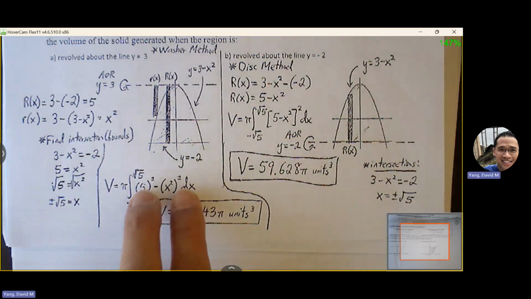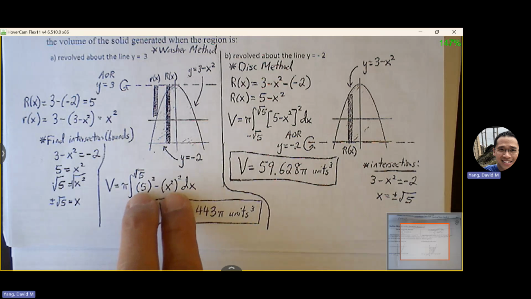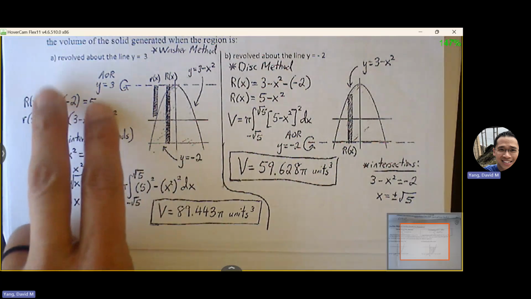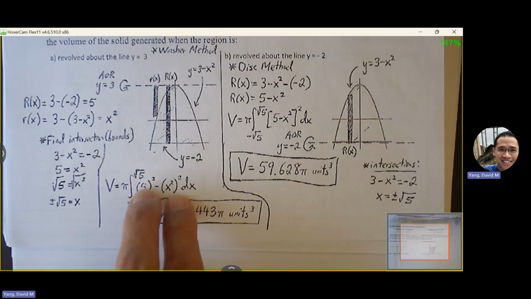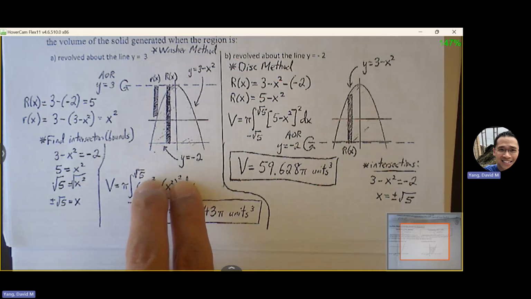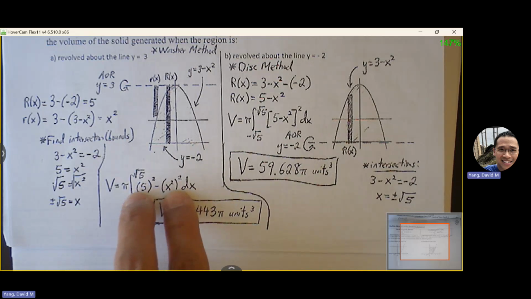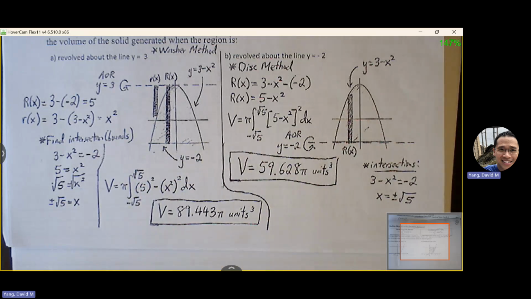Oh, and remind yourselves that when you find from the previous problem, if you're doing washer method, that you're squaring your radius separately, that you're not subtracting the big R and little r and just squaring once. You have to square them separately. It feels like a shortcut if you can just combine and write the square once, but then that's something different.